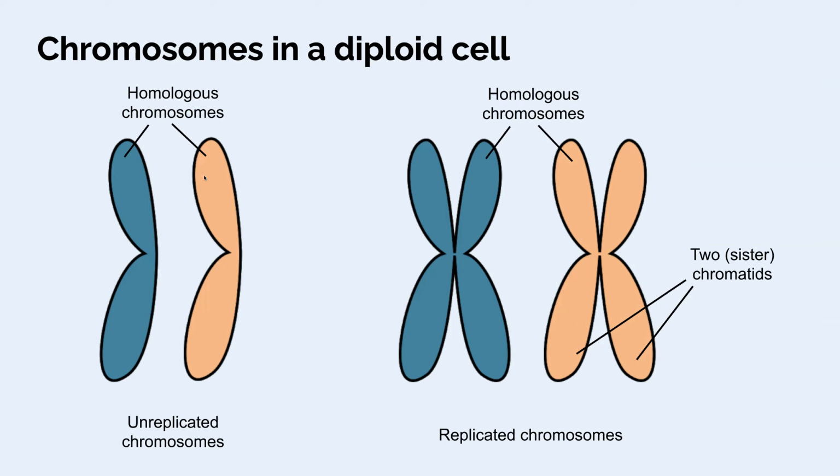So a diploid individual gets one of the homologous chromosomes from dad and one from mom, and passes only one of those on to a gamete. So unreplicated to replicated, we still have blue and orange. And again, here we have sister chromatids within one chromosome, and then homologous chromosomes are chromosomes that look like each other but are not physically connected to each other.